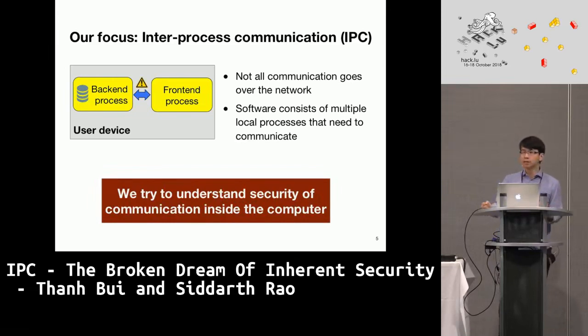These communications stay within the computer and never leave outside. However, there can be adversarial components inside the computer, and protecting the user information exchanged over IPC is equally important as over the network. So for these reasons, in this work, we try to understand the security of the communication inside the computer with focus on IPC security.